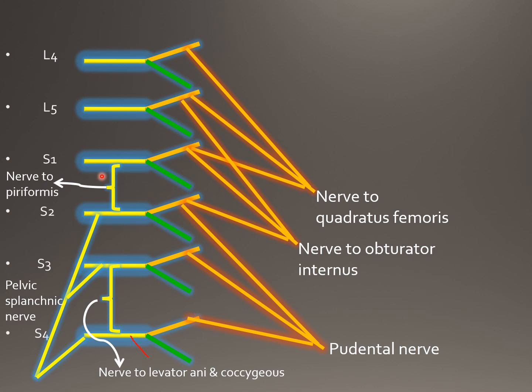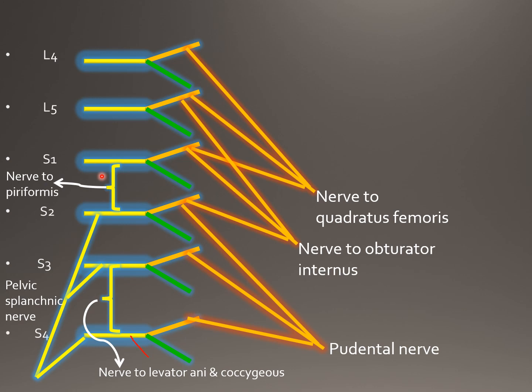Then the remaining nerves cross the greater sciatic foramen. While crossing the greater sciatic foramen, at the upper border of the piriformis, the superior gluteal nerve arises. At the level of the lower border of the piriformis muscle, the remaining 6 nerves arise.